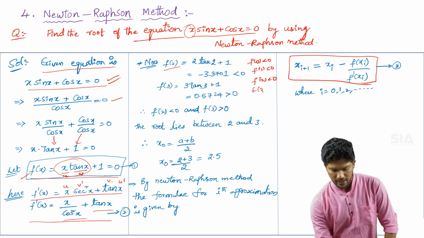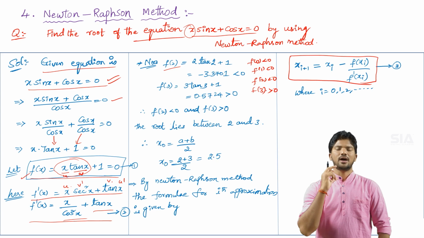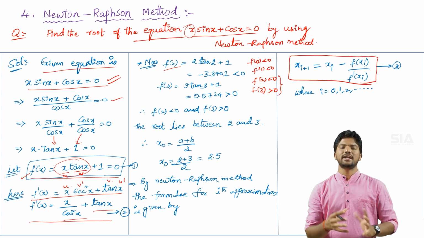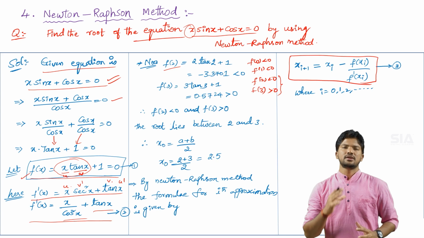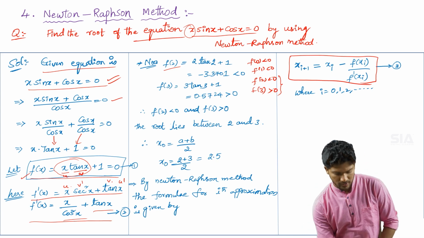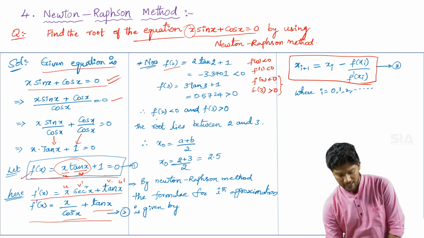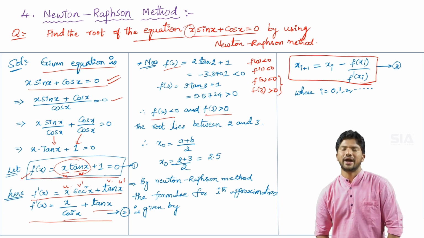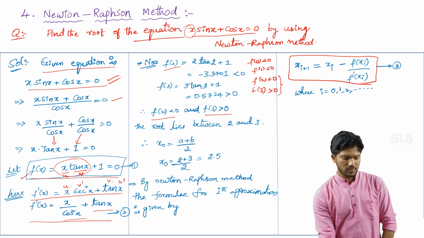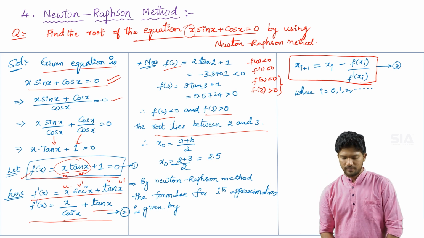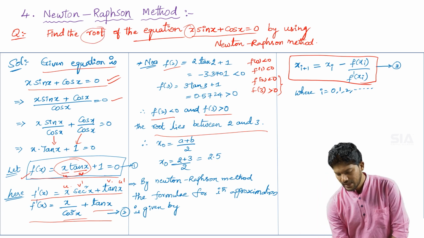So at f of 2 and f of 3 you get opposite signs. Then 2 and 3 will act as the a and b values. f of 2 is less than 0 and f of 3 is greater than 0, so the required root lies between 2 and 3. The real root we are going to find lies in between 2 and 3 on the real line.